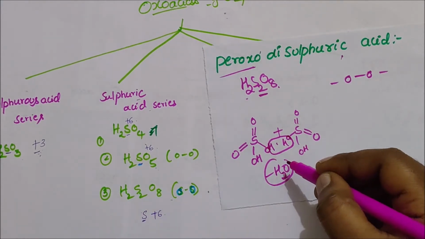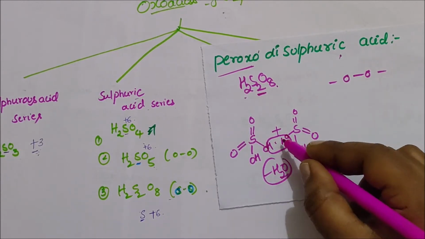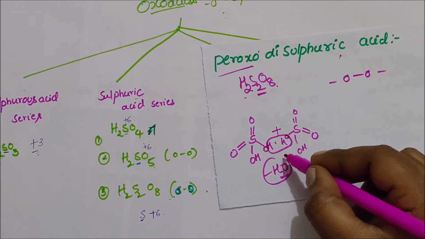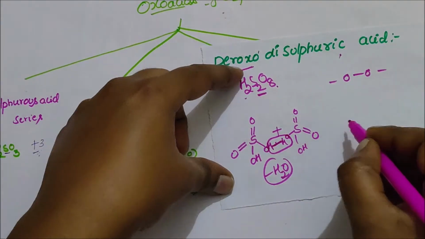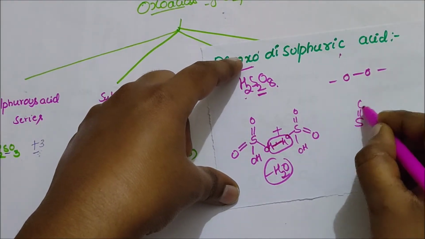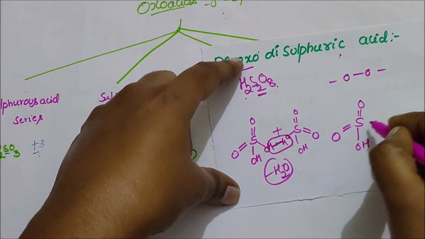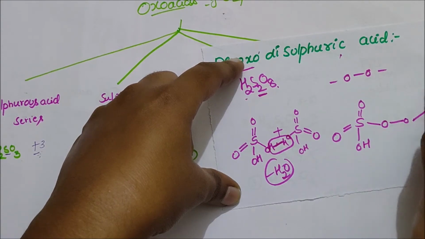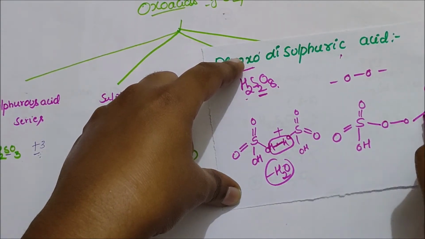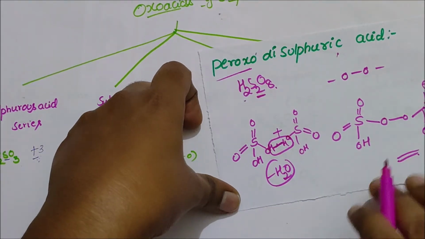The dehydration takes place, and a bond forms between the oxygens. This is the peroxodisulfuric acid structure.